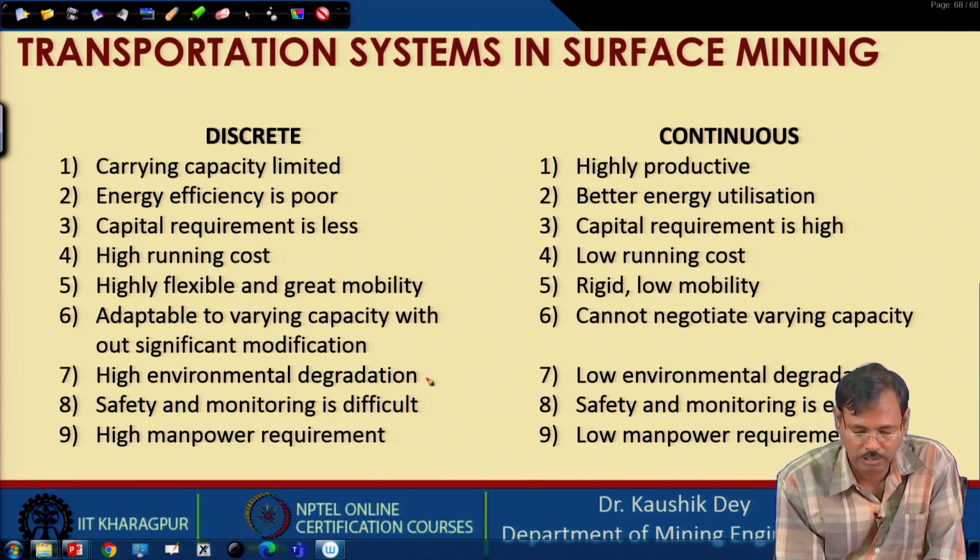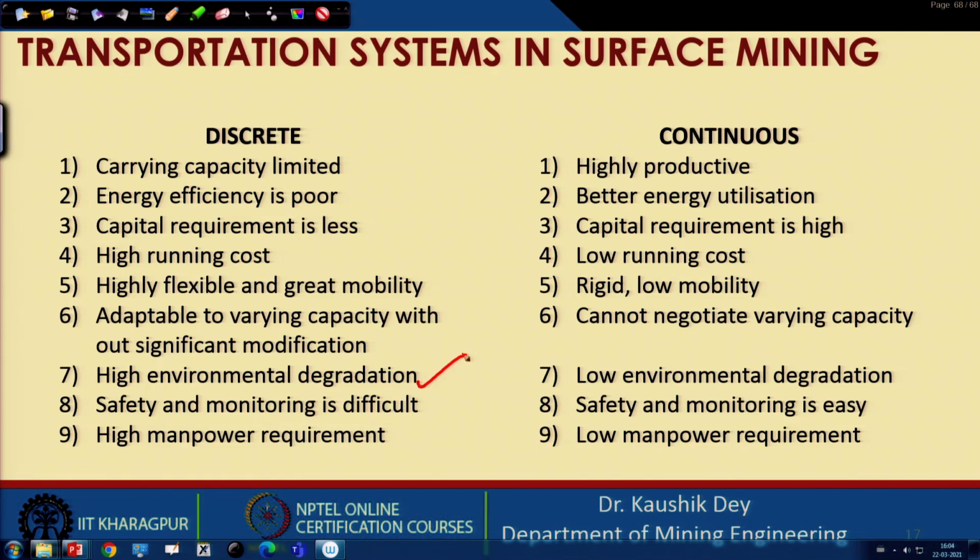The dump truck system has high environmental degradation, as it is mostly diesel operated. The movement of dumpers on a haul road generates dust, and the horn is often buzzing, which also creates noise pollution. There are also problems with safety, and monitoring is difficult, as the dumpers are moving flexibly and are not a rigid system.